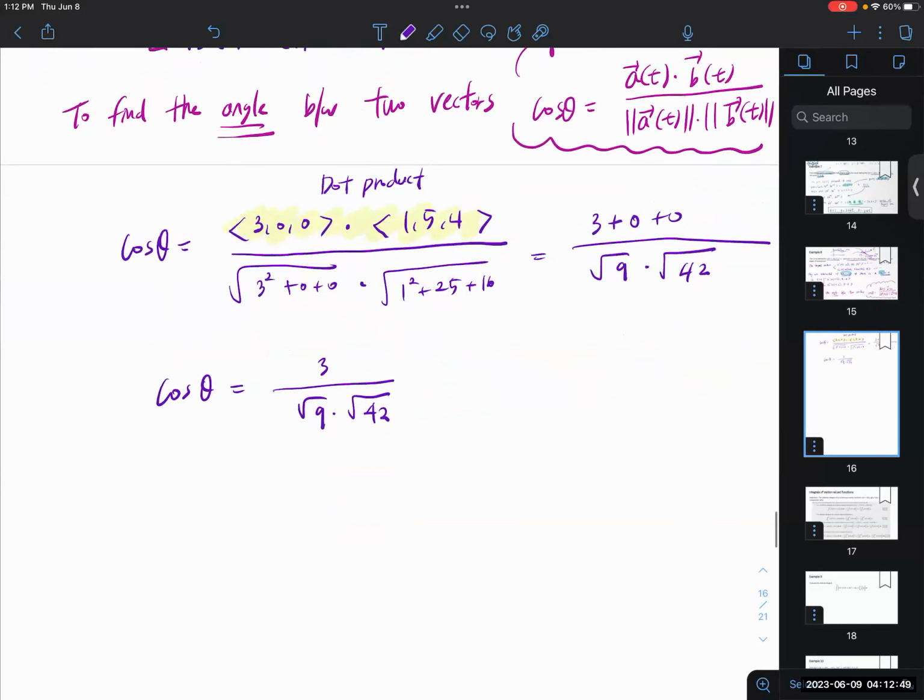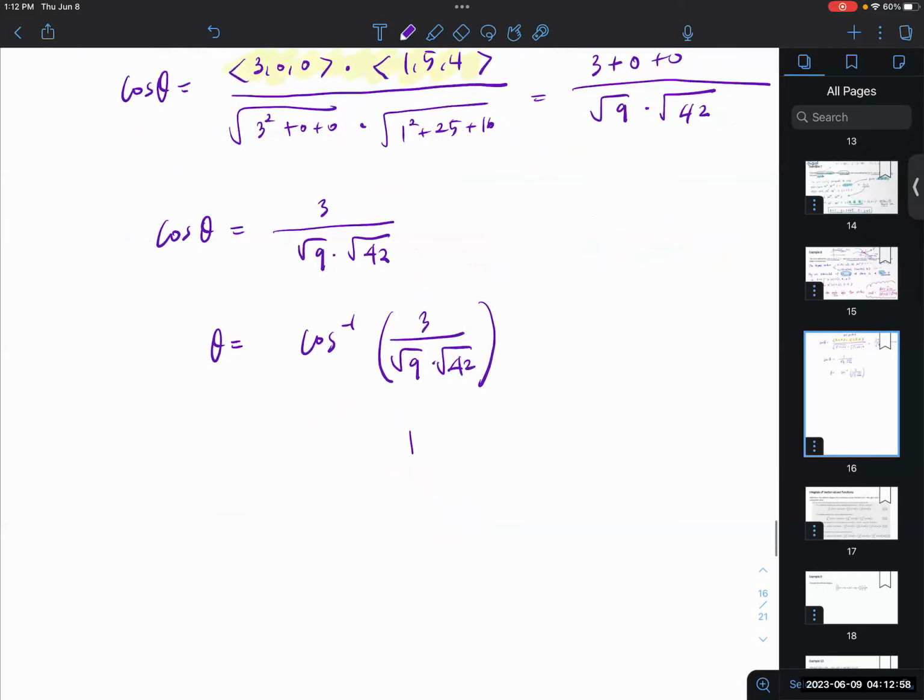We are looking for theta. So theta will be cosine inverse of that number. So you will find the radian. You can calculate this one in decimal. That's the radian answer. If you want to convert it to degrees, just multiply by 180 over pi.